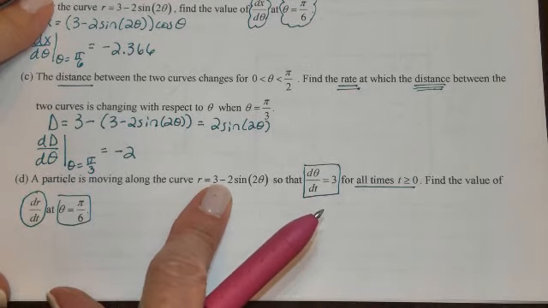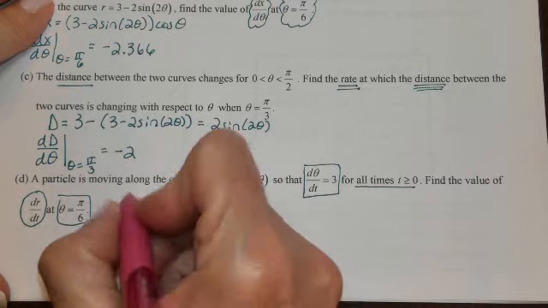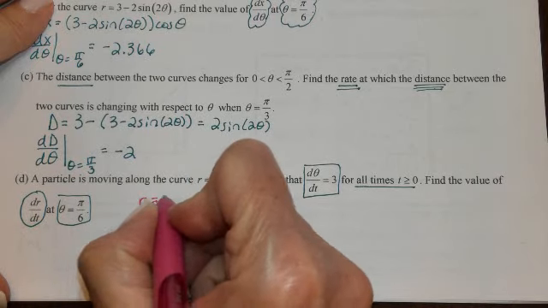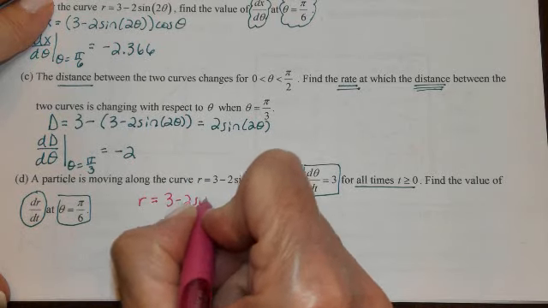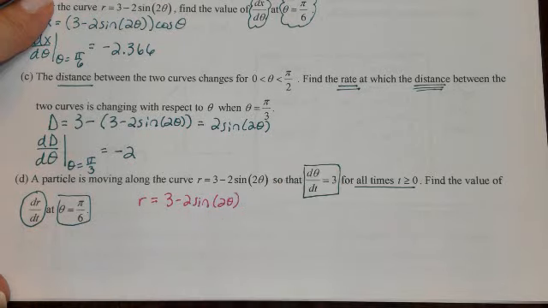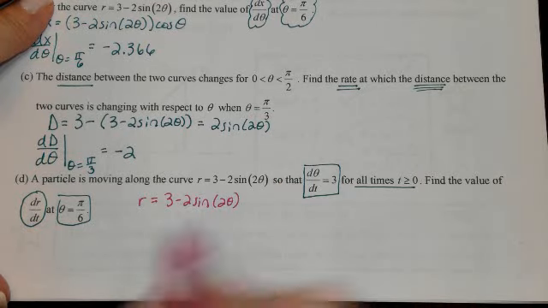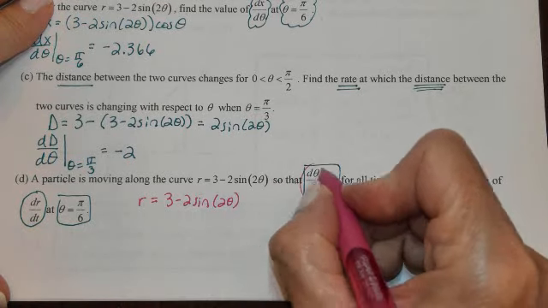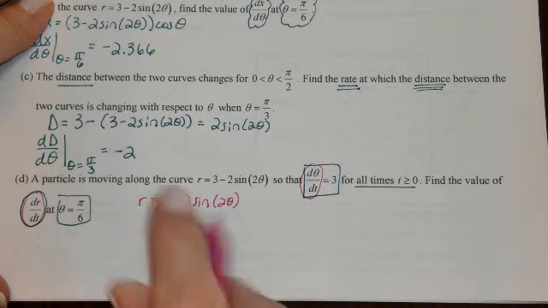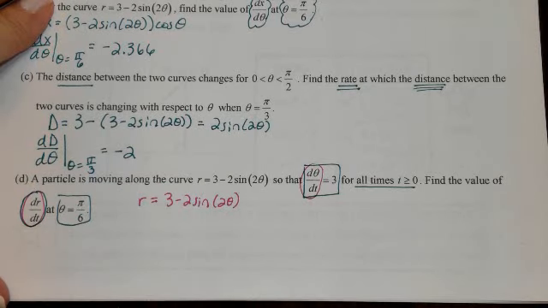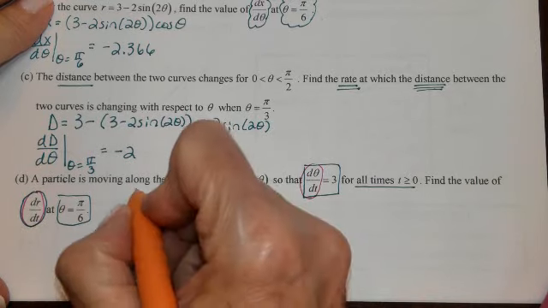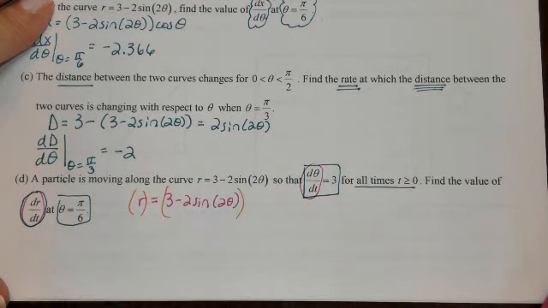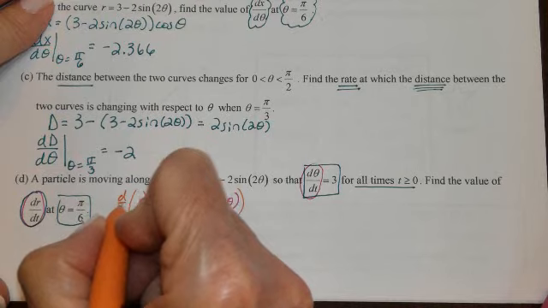Okay? So I know that r is equal to 3 minus 2 sine of 2 theta. I know that's true. If I want dt involved, what am I going to do on both sides? I just take the derivative of both sides with respect to t.